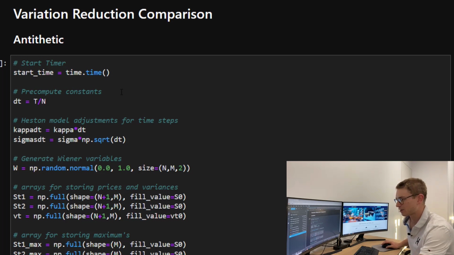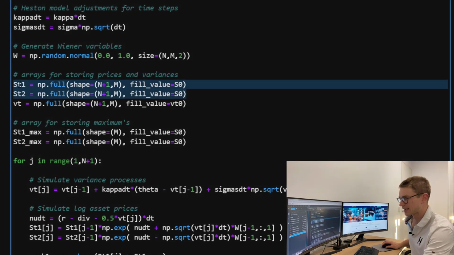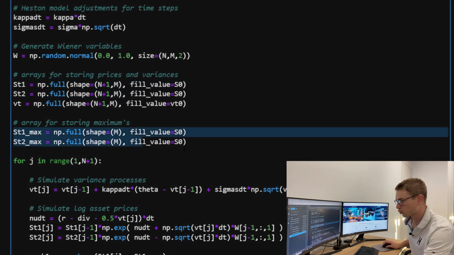So antithetic variate is just where we have two asset processes. So here we've got two asset processes that are perfectly negatively correlated. So here I just need to initialize two arrays and then two arrays for the max.